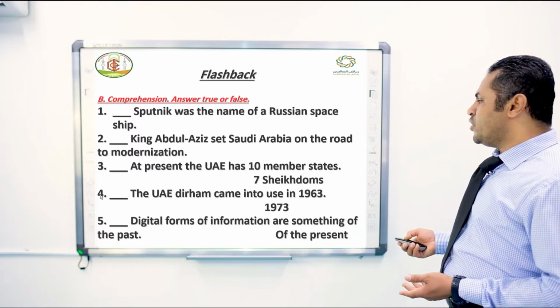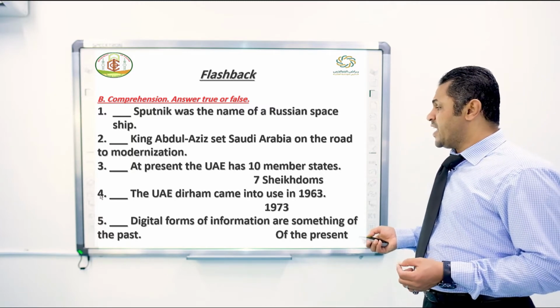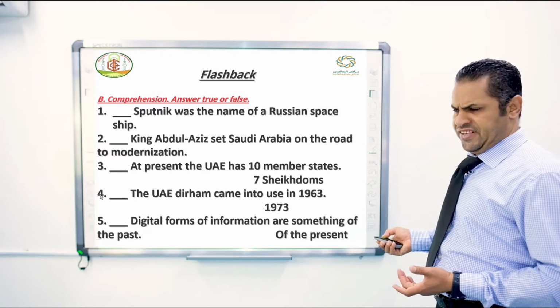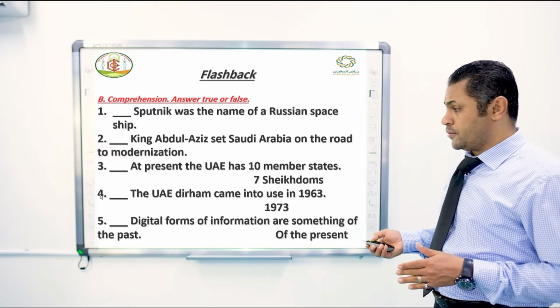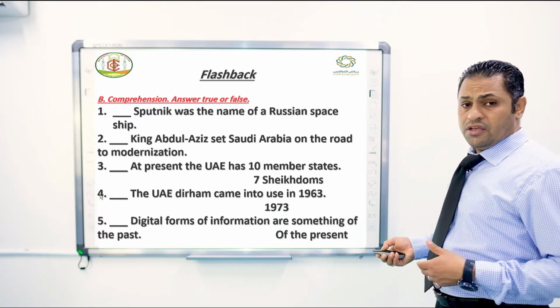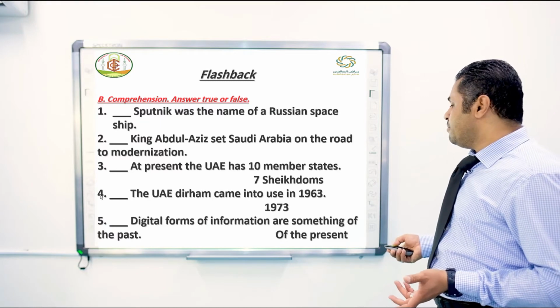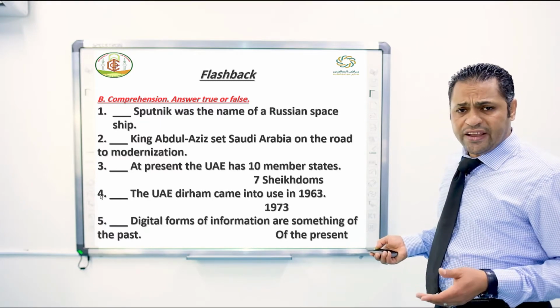Number 3. At present, the UAE has 10 member states. At present, the UAE has, yes, 7 sheikhdoms. So this sentence is wrong. Number 4. The UAE dirham, the national currency, came into use in 1963. Is that right?